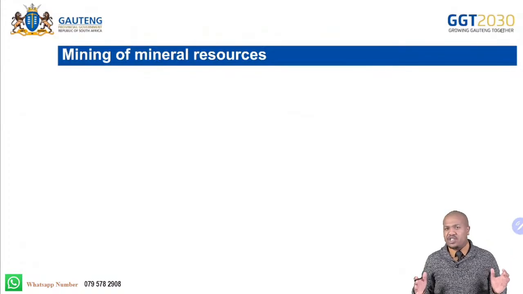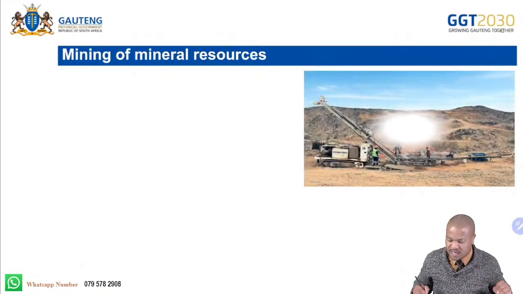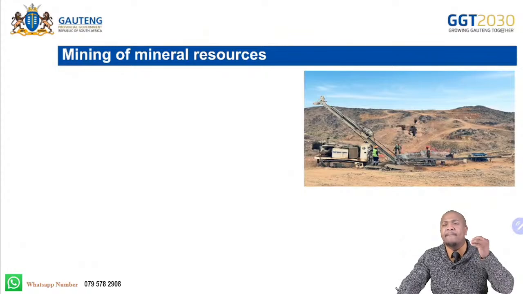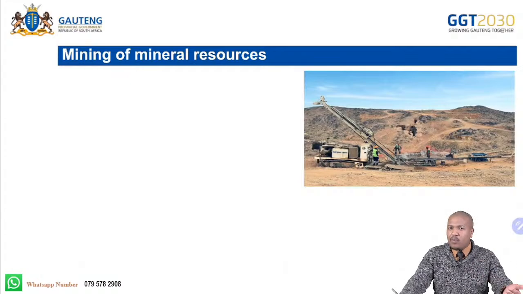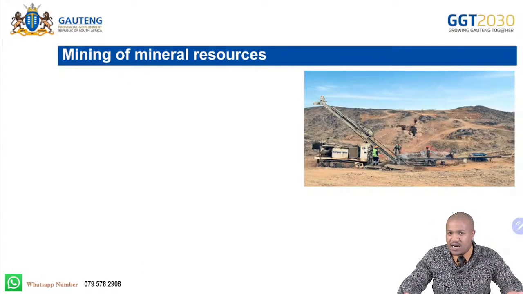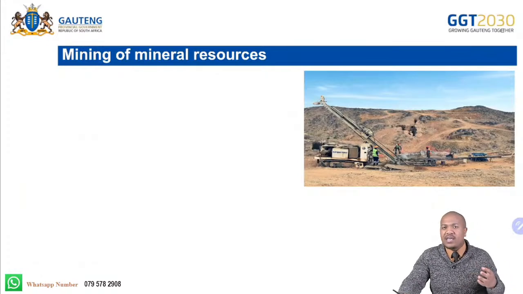So now, the mining of mineral resources. Where does the mining of mineral resources take place? It takes place in industries such as these ones, as you can see in our picture, that we call mines. For example, in our country, we once had an issue with the Marikana mine, one of the mines in South Africa where we get mineral resources.